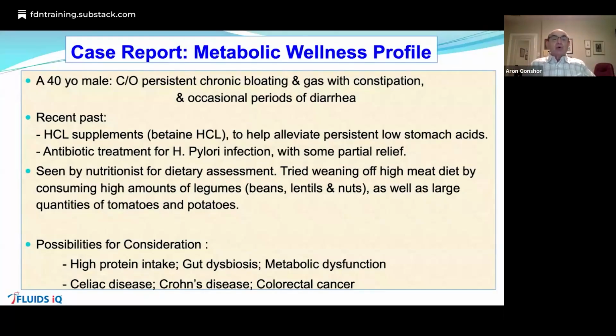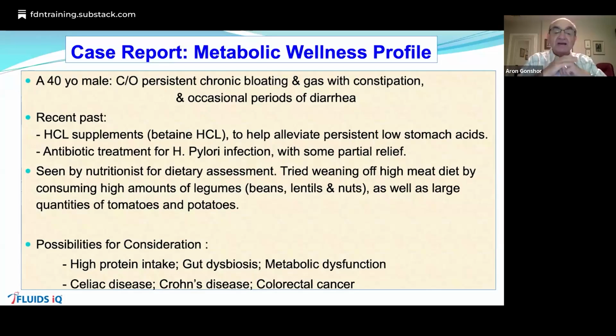So here is a case report. It's a 40-year-old male, and he complains of persistent chronic bloating and gas with constipation and occasional periods of just the opposite, of diarrhea. In his recent past, he has taken HCl supplements, betaine hydrochloride, to help alleviate persistent low stomach acids. Aha.